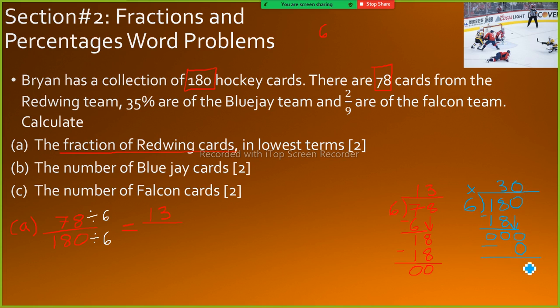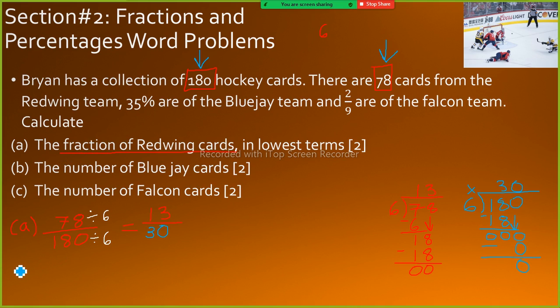We subtract, that's 0. So the answer here is 30. So it's 13 over 30. Okay, so that's how we do it. We take the number of cards from the Red Wing team, and we divide it by the total number of hockey cards. Okay, so that's how we figure out the fraction of Red Wing cards in lowest terms.